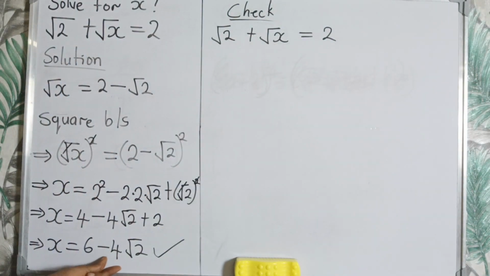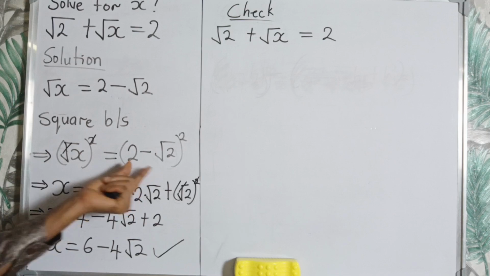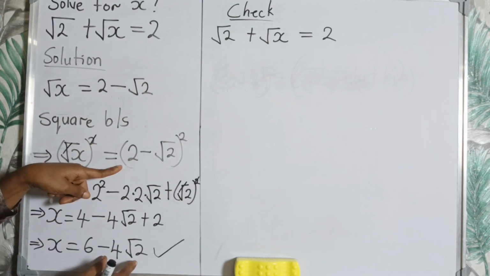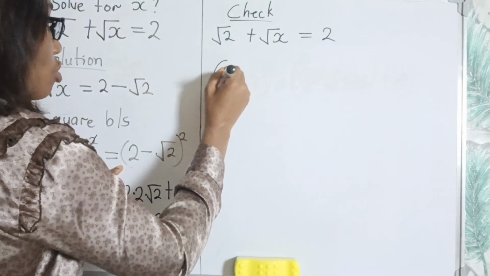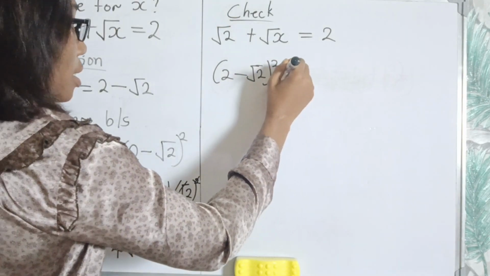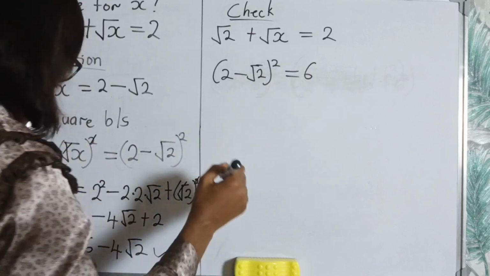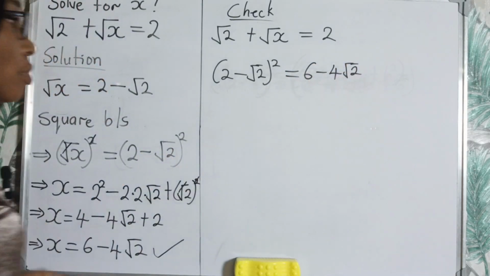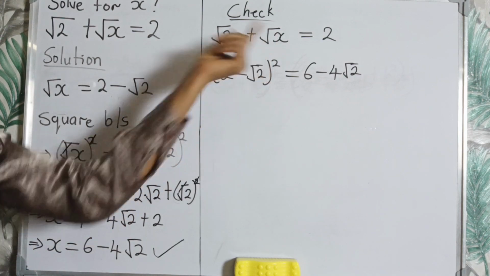Now, we are going to substitute the value of x into this equation. But remember that what we have here is what gave birth to this answer. So recall that 2 minus the square root of 2 all squared is equal to the answer we have here, which is 6 minus 4 root 2. So now we are going to use this one to substitute into the equation.